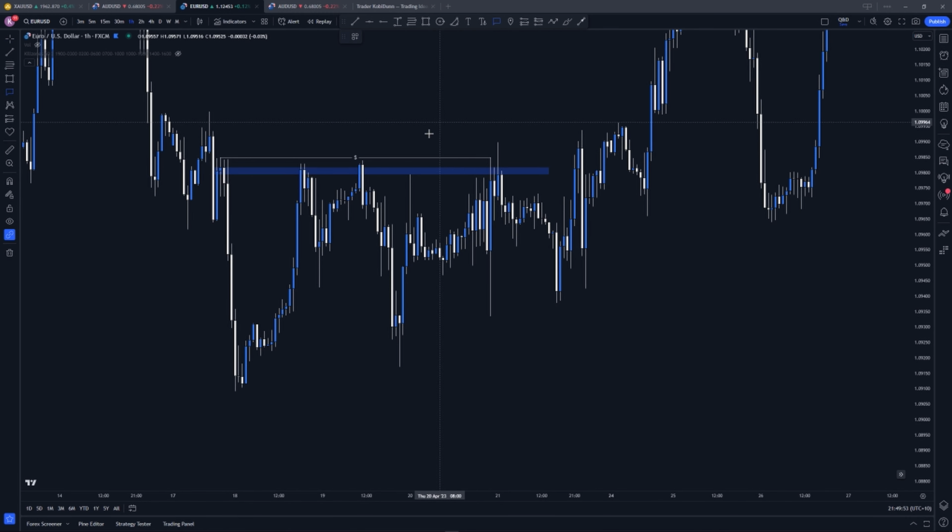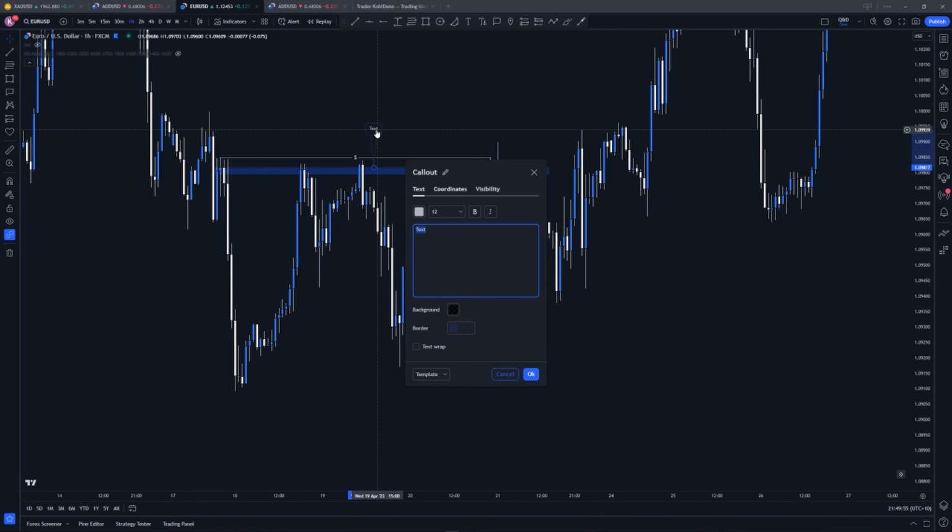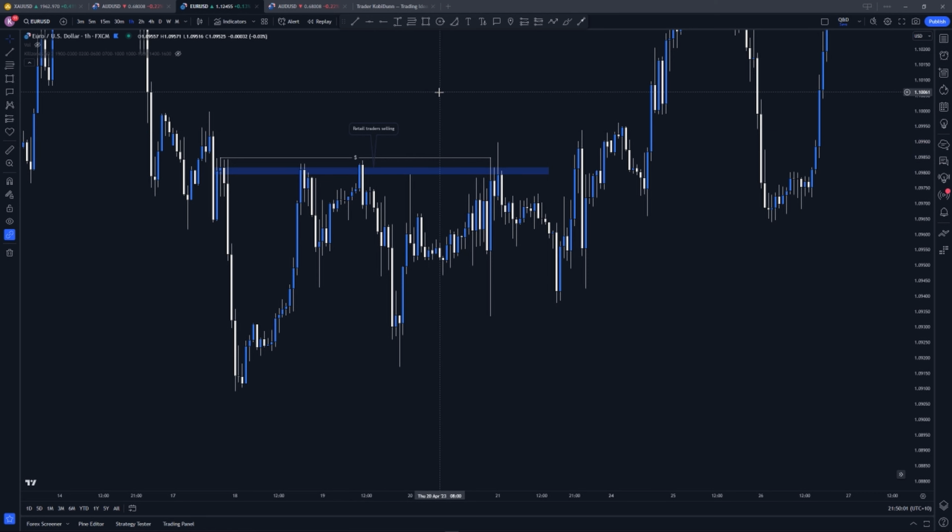And so what we've identified here is retail traders selling. This is just retail traders selling at this resistance. So what smart money will do is just identify them and take out as many traders as they possibly can.